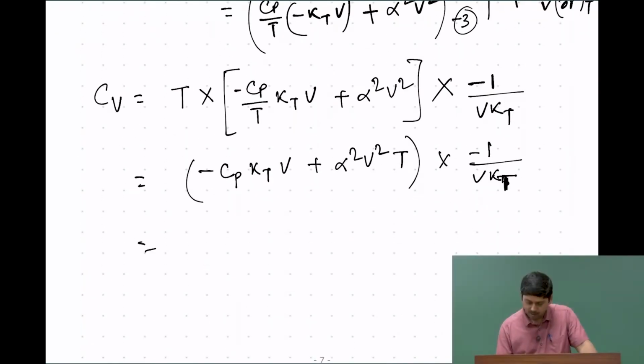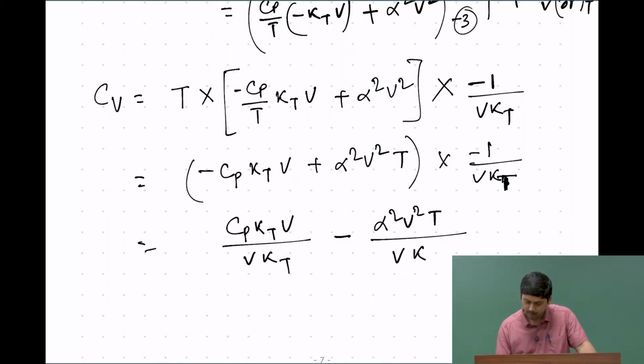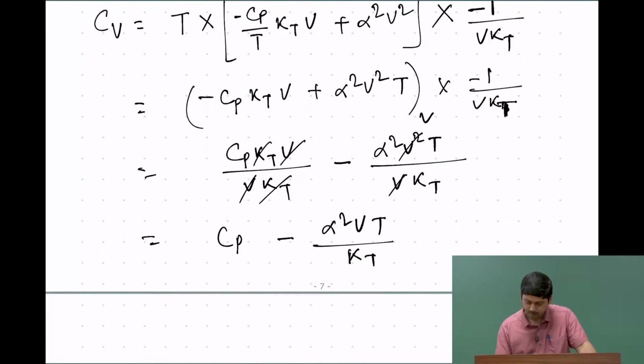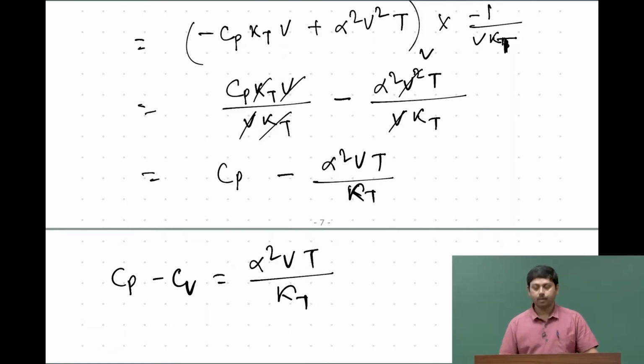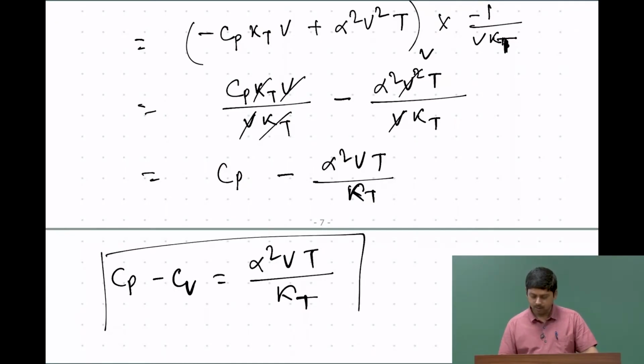So, now we will multiply with V kappa T, we get minus minus plus Cp kappa T V by V kappa T, minus alpha square V square T by V kappa T. Now, V kappa T cancels, giving us Cp, and V square cancels, giving me V. So, minus alpha square V T by kappa T. Therefore, Cp minus Cv is alpha square V T by kappa T, and that is what the answer is.